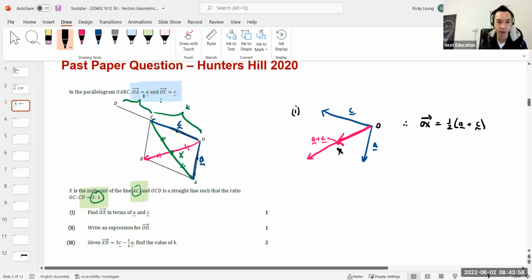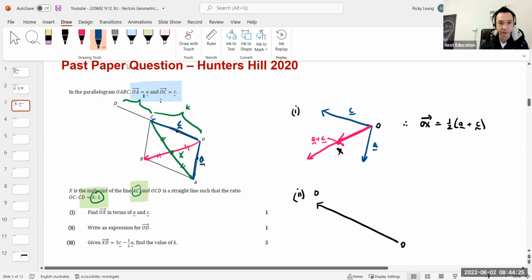OD, where is it? OD. So, okay, well, this one's a bit harder. Let's have a look. Find an expression for OD. Okay, the way I'm going to do it is basically if you picture OD to look like that, it's basically like a magnification of the vector OC.